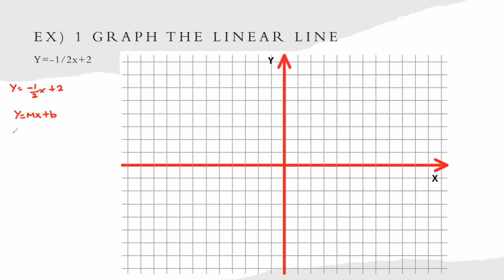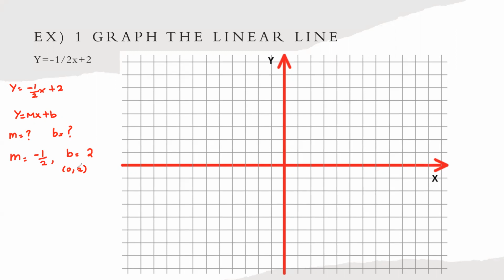So we need two things. We need the slope, and we need our b, our y-intercept, which we both have. So what is our slope? It's the number in front of x, so it's -1/2. What is our b? It's the constant, so it's 2. b is also the y-intercept, so I'm going to label it as (0, 2), because we're going to plot it.